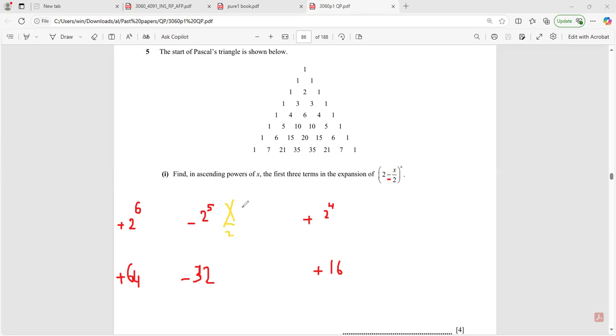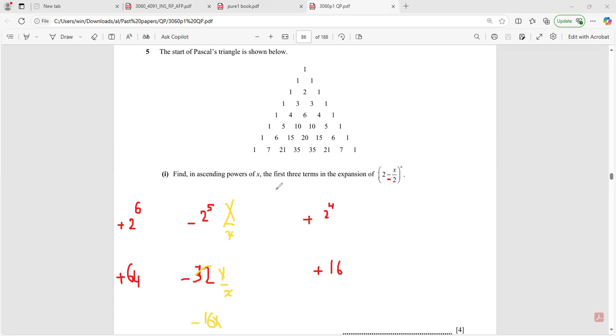When we kick the 2 here, it is multiplied by x over 2, and here 32 divided by 2. Don't make the numbers exaggerated, keep them tiny and small. So now it's 16x, minus 16x actually. Don't forget to merge the sign.